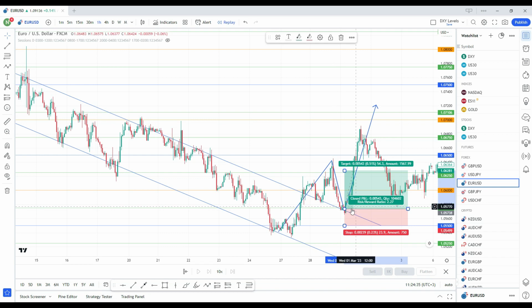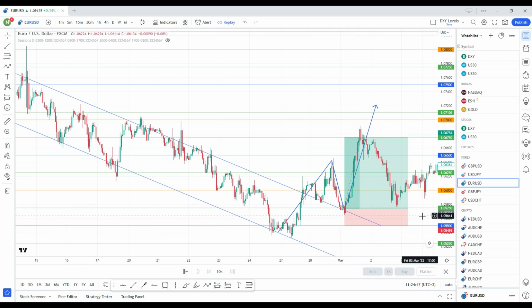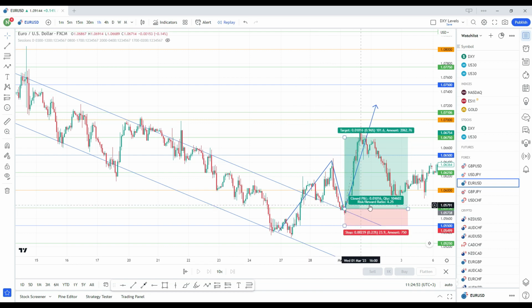If it happens within the zone, it has high probability, and this was a good risk reward ratio of 1:4. So this is how you use these zones. Any entries should take place within a zone that will give perfect entries.